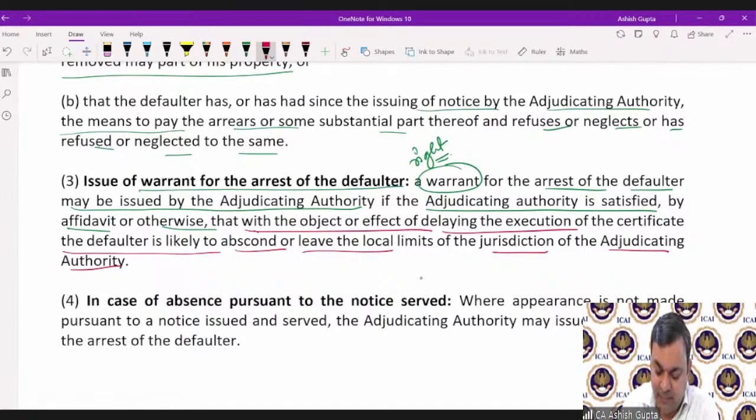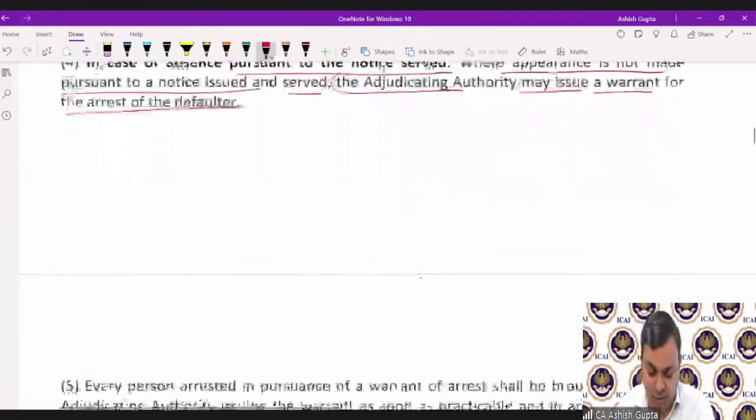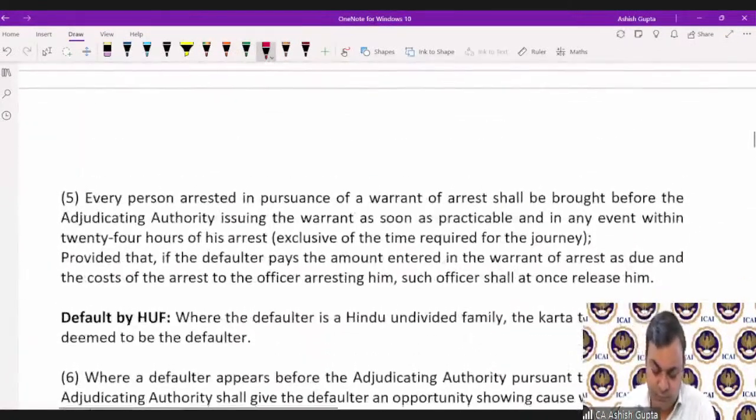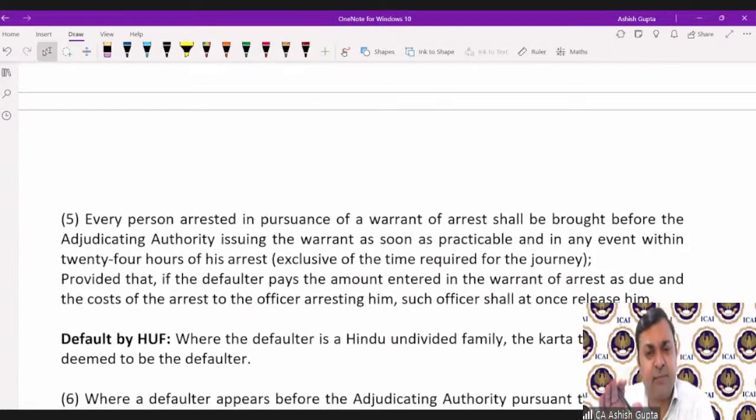In case of absence, where appearance is not made pursuant to the notice issued or served, the adjudicating authority may issue a warrant for the arrest of the defaulter. Every person arrested in pursuance of the warrant of arrest shall be brought before the adjudicating authority.